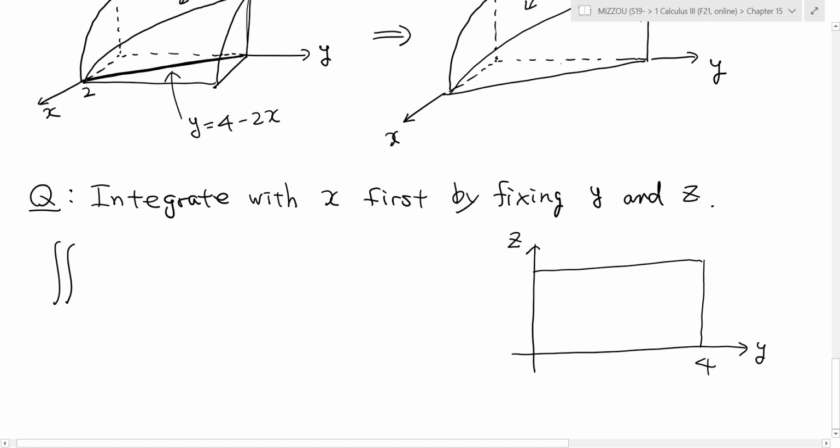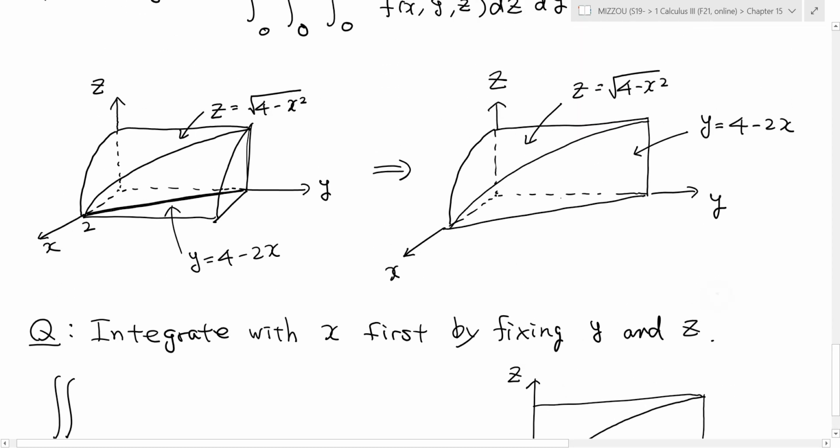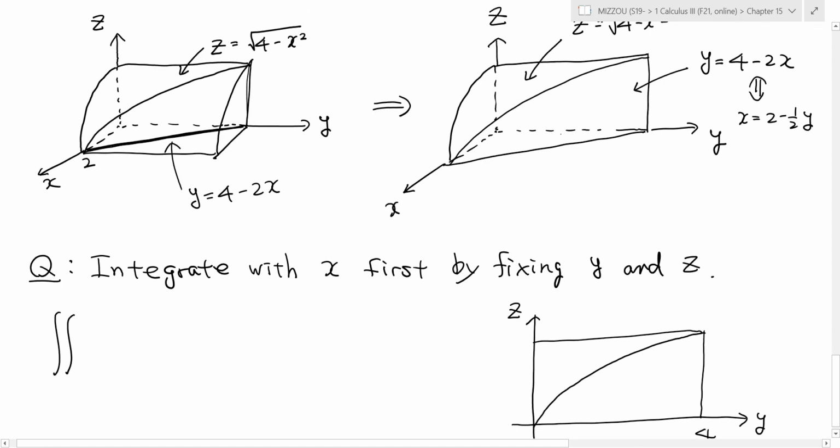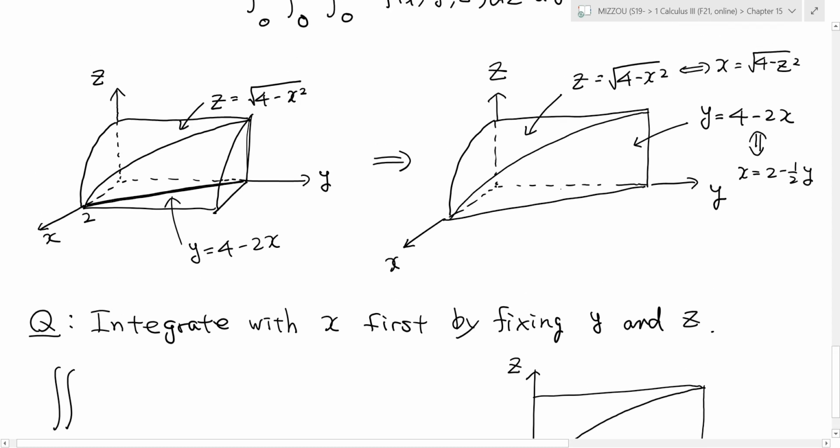This is 4. And then you have a curve like this. By the way, if you solve this for x, you get x equals 2 minus 1/2 y. And if you solve this for x, you get x equals root 4 minus z squared. Because you are now integrating with x first, you have to solve everything for x.